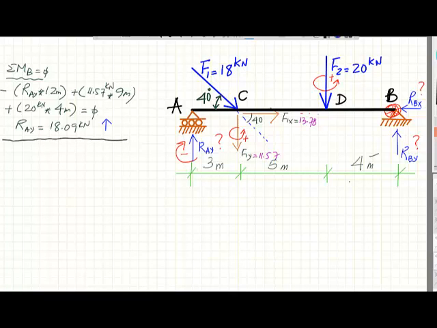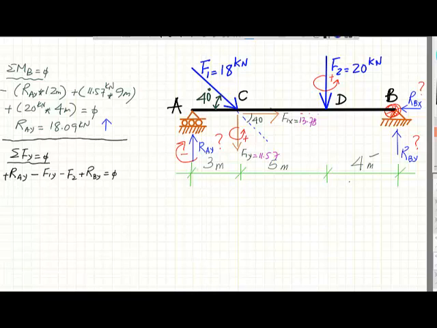Now once we got the value for RAY, we move to the sum of all forces in y direction equal to 0. In this equation we have RAY upwards, plus RAY, and the F1y component is downwards, so minus F1y, and F2 is downwards, minus F2, and the assumed direction for RBY is upwards, so plus RBY is equal to 0.